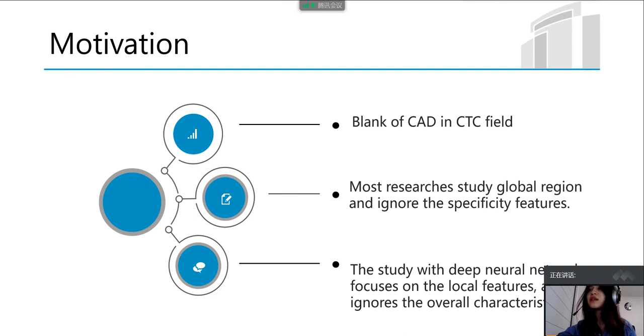The studies of CTC polyps with deep neural networks focus on the local features, and the neglected overall characteristics such as tumor volume and size are also very important in clinical practice, which may lead to confusion in clinical decision making.